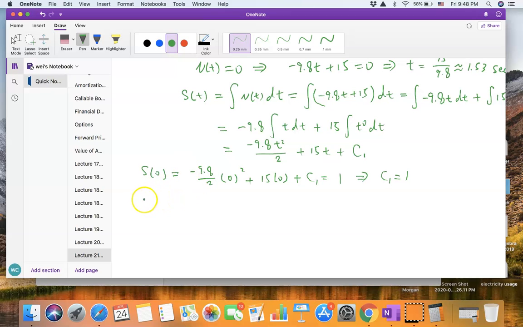Right. So the position function is negative 9.8 over 2 t squared plus 15t plus 1.